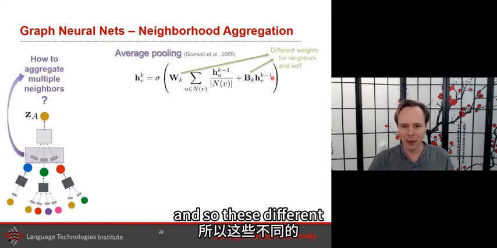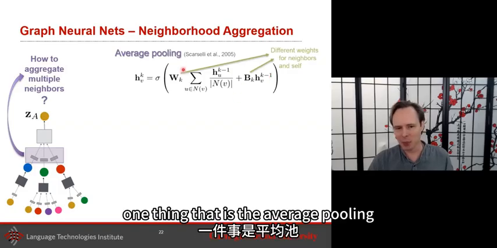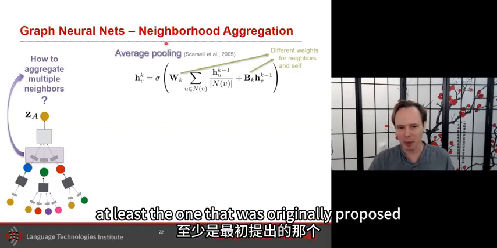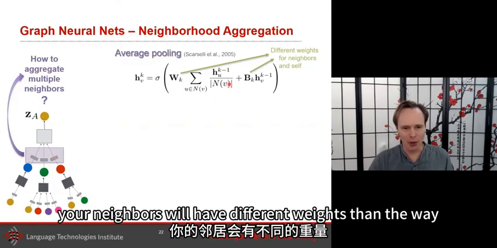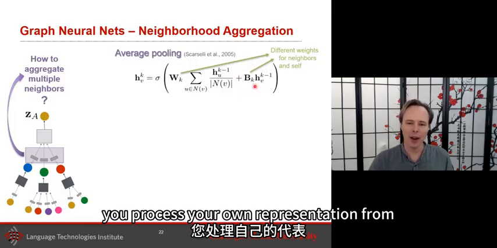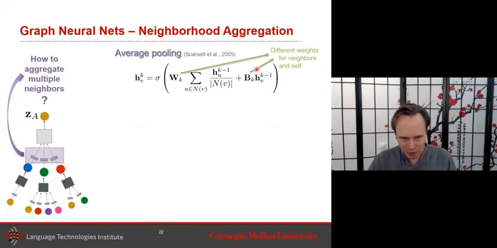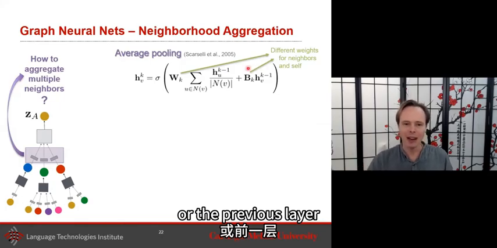One thing about average pooling, at least the one that was originally proposed, is that the way you aggregate all of your neighbors will have different weights than the way you process your own representation from the previous iteration or the previous layer.